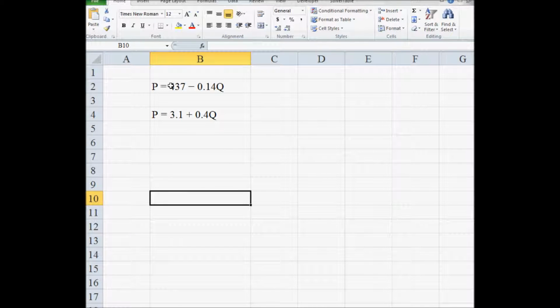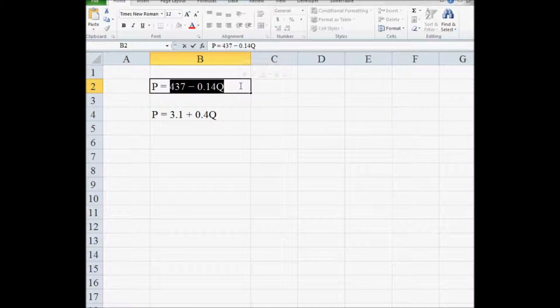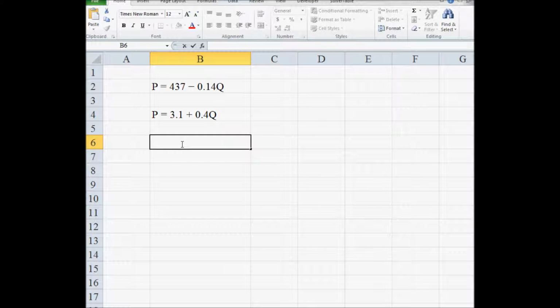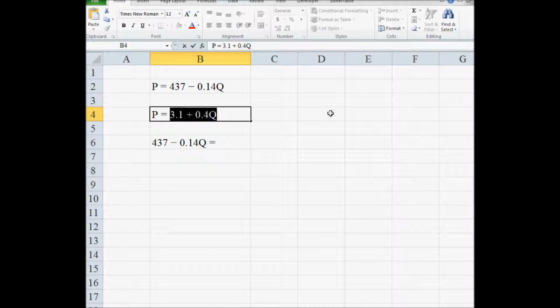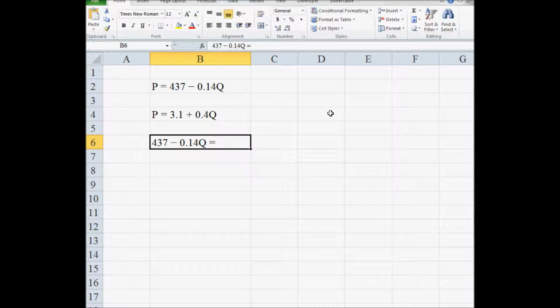First, I need to set demand equal to supply. Then I'm going to combine like terms.